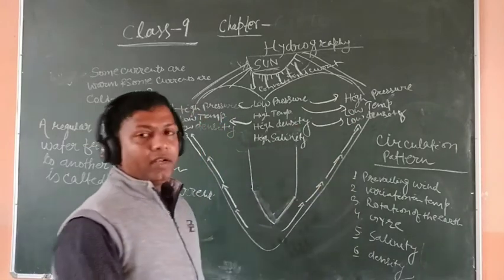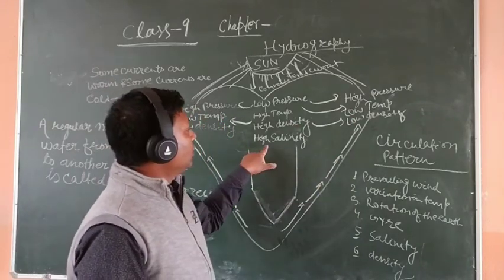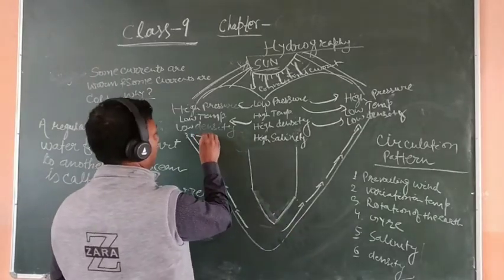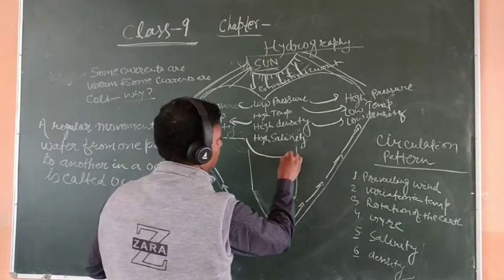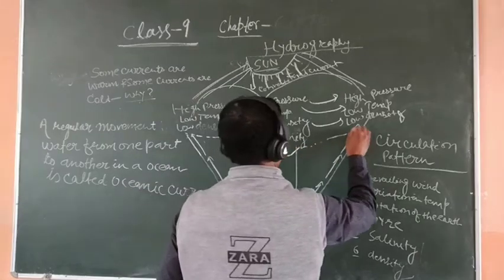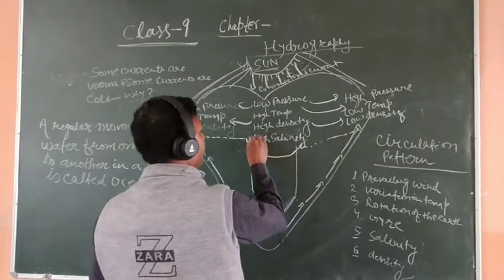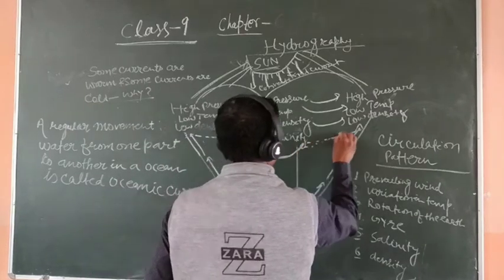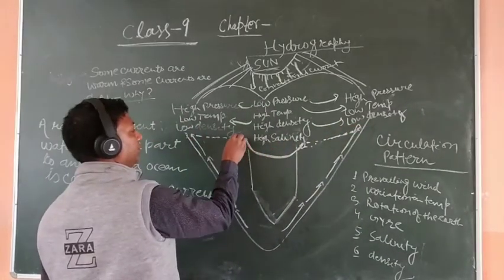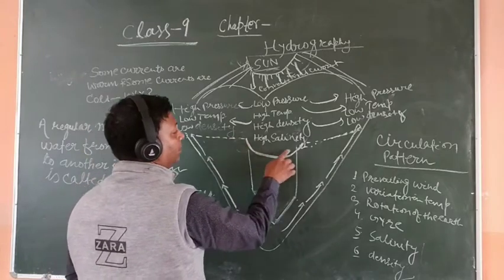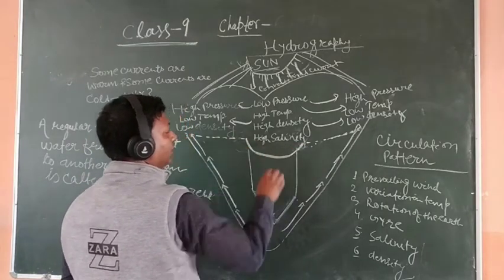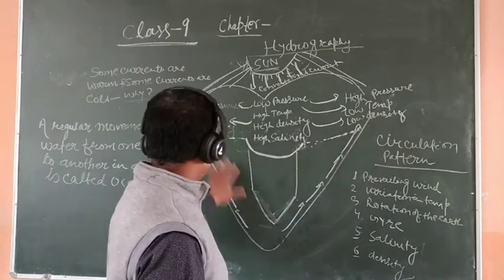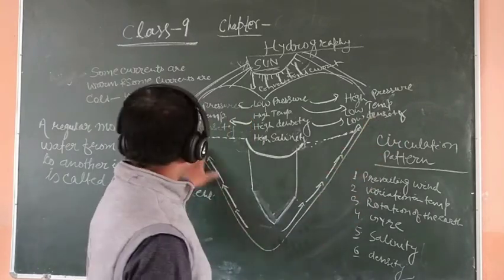When evaporation occurs, the structure is like a basin. Now, this is actually the sea, the oceanic floor.